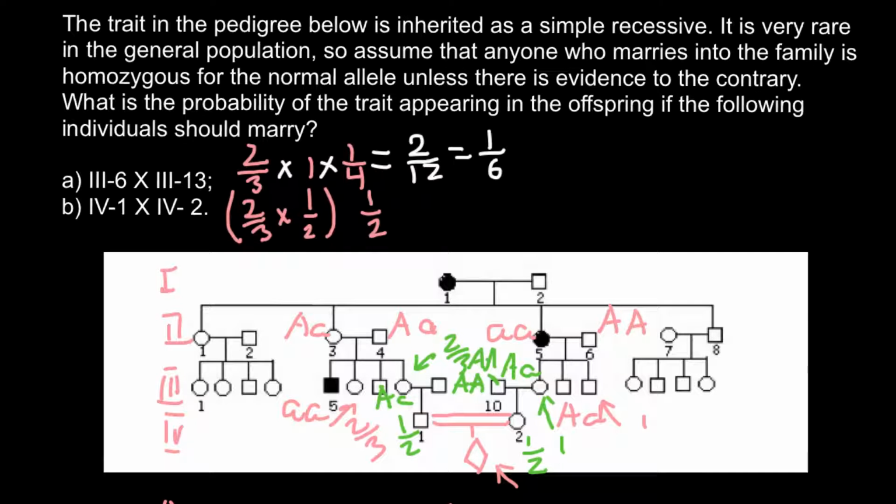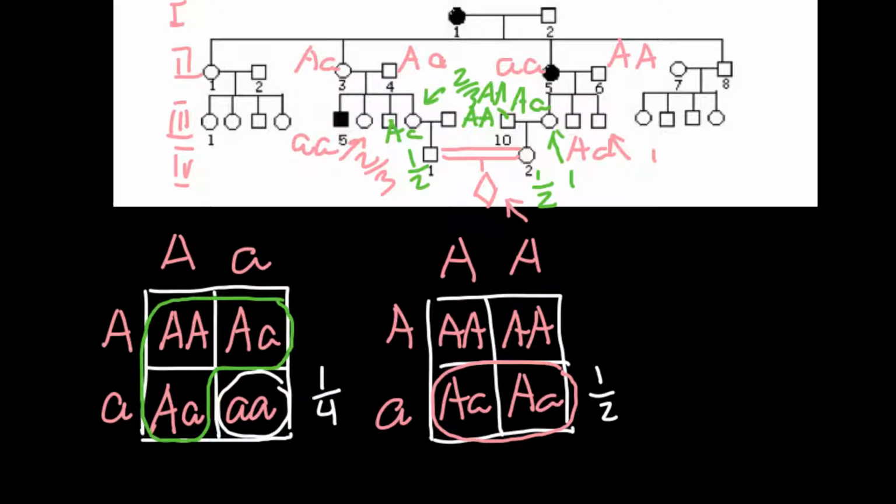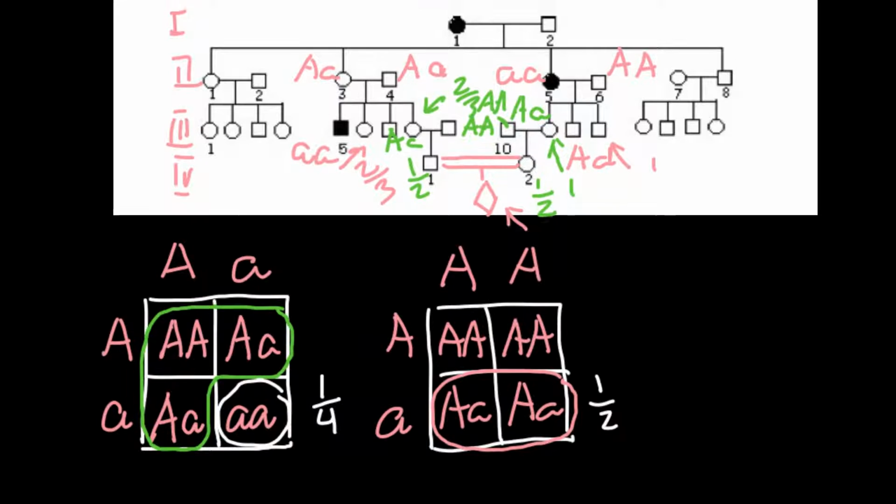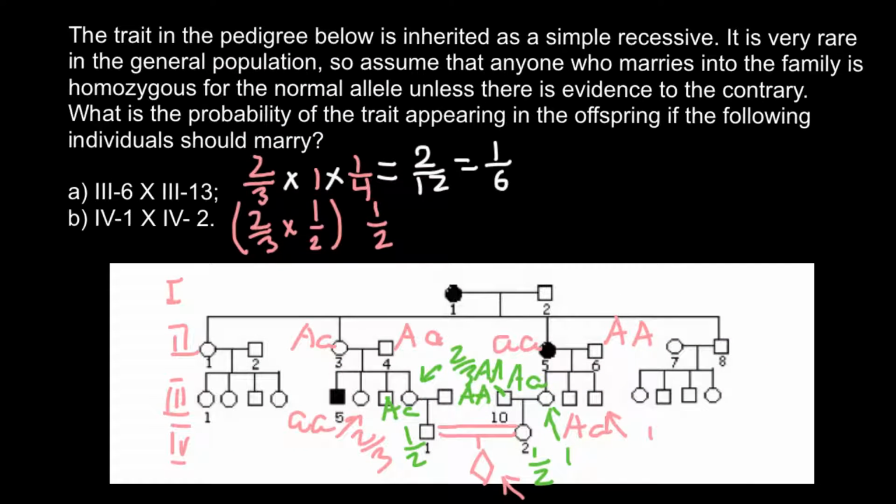Once again, this is the probability for 1 to be a carrier, and this is the probability for 2 to be a carrier. And if they both are carriers, once again, if two parents are both carriers, they would have 1/4 chance to have an affected child. So we put this probability in our calculations, 1/4 to have an affected child.